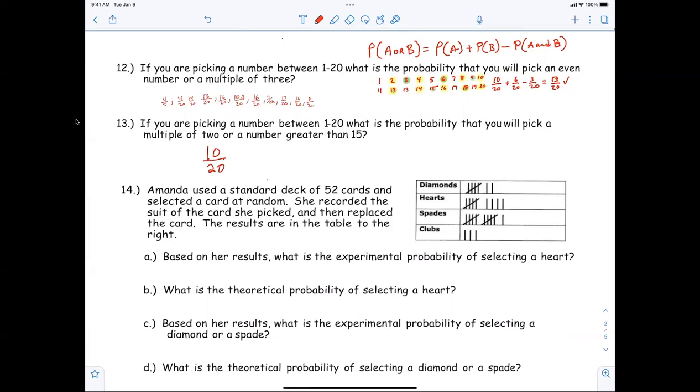What's the probability of getting a number greater than 15? 5 out of 20. Minus. Now, who knows what I'm going to subtract? How many numbers greater than 15 are even?